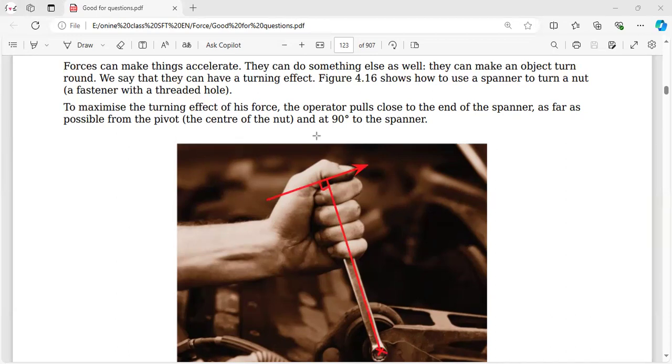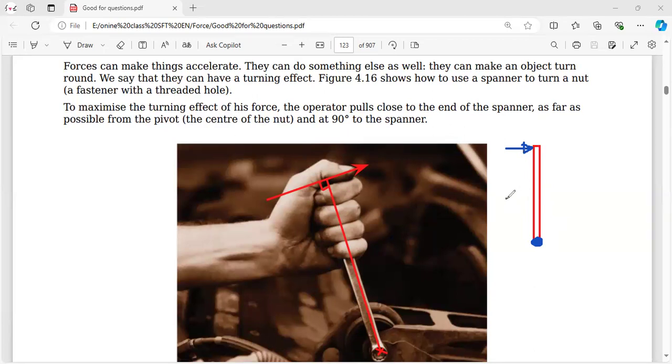Remember, another good example: whenever you are opening or closing a door, this is the same effect. Let's say this is a cross section of a door. Here we have the hinge, and this is the door handle. If you use the door handle, it is very easy to open or close a door.